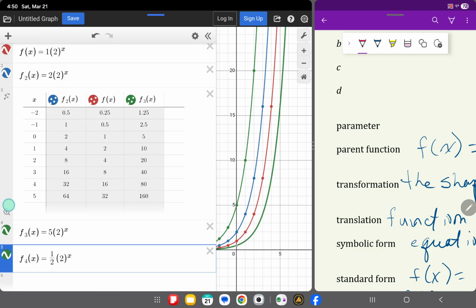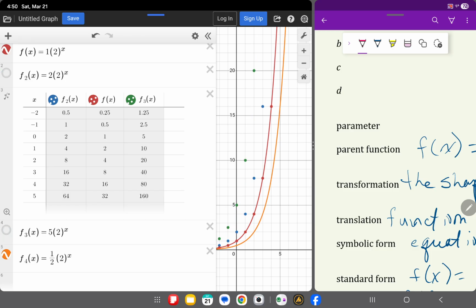Okay, I'm going to change its color. People say I say the color really weirdly, but I'm going to say orange. Remember our first function up here is in red, and I'm going to hide those for right now. I can see that it is growing slower. It's not growing as fast.